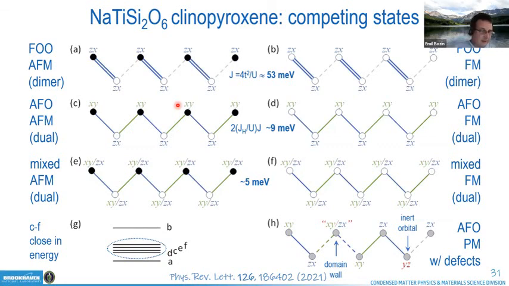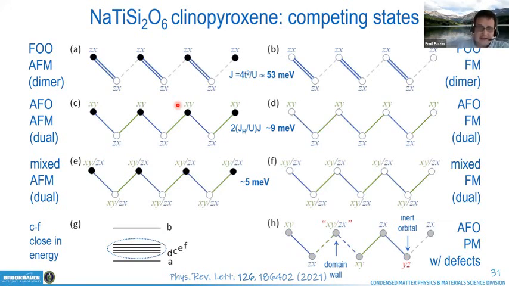Sort of similar to, it's like an orbital analog of a spin crossover system, in which magnetic ions have their spin state flipped from high spin to low spin.